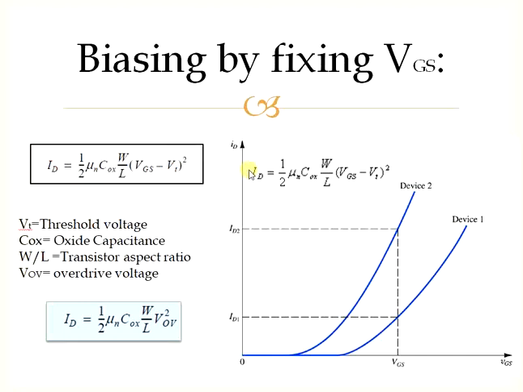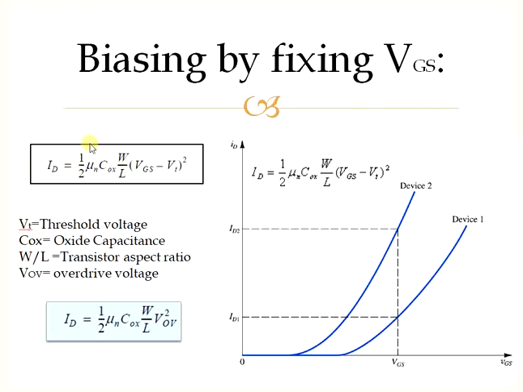Coming to the biasing of the MOSFET. Biasing by fixing VGS is one of the most straightforward approaches. In this, we fix the gate to source voltage VGS to a value that is required to provide the drain current ID. This VGS value is derived from the power supply VDD through the use of an appropriate voltage divider.